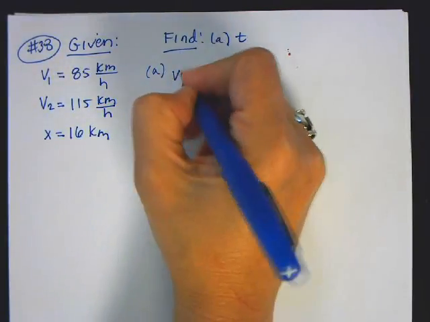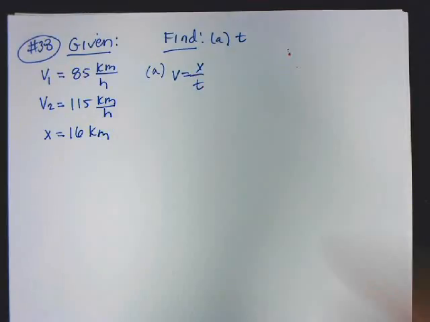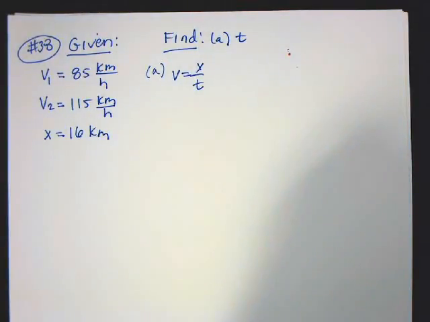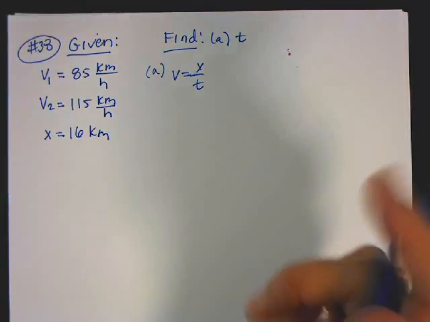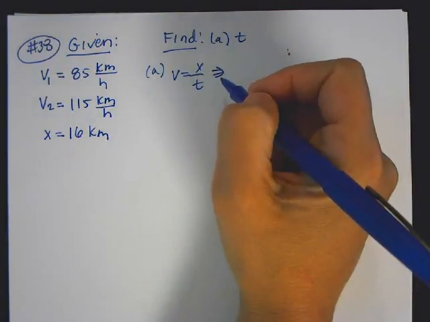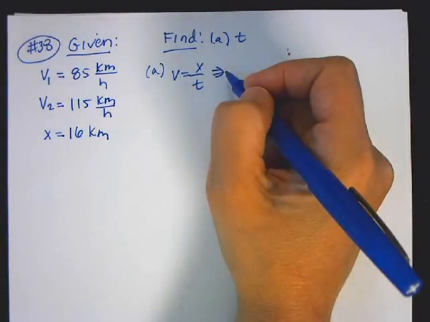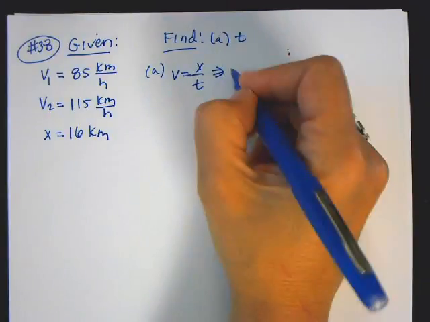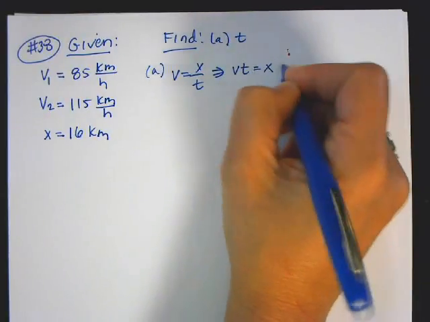So what we have to do is we want to find the time for both the cars. So I'm going to rearrange the equation. Now, this is where people make a mistake. If you need to, take intermediate algebra steps and multiply both sides by t, and then divide both sides by v, t is equal to x over v.